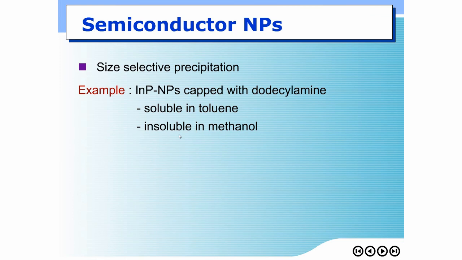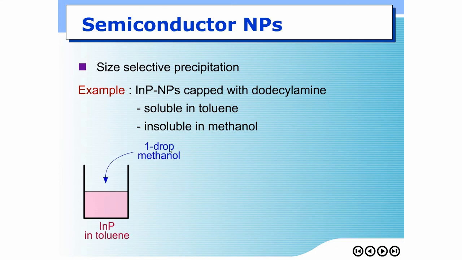Actually, soluble is not a proper word. It is particles. They're not really dissolved in toluene, but they can suspend. And when you look at the particles suspended in toluene, it looks clear. In methanol, they agglomerate and precipitate. So if from the second step after aging we get indium phosphide in toluene, you will see the solution to be clear.